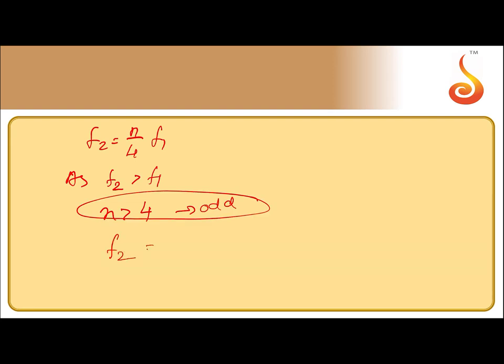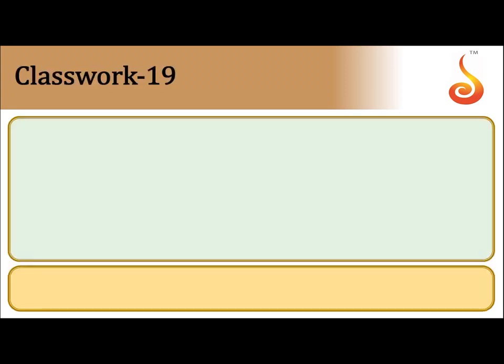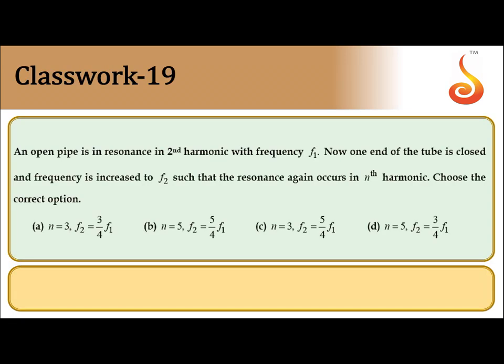So the next best possibility becomes 5 divided by 4 times F1. The correct option is N equal to 5. Once you find N is equal to 5, the value of F2 should be 5 by 4 F1. So B should be our correct choice.